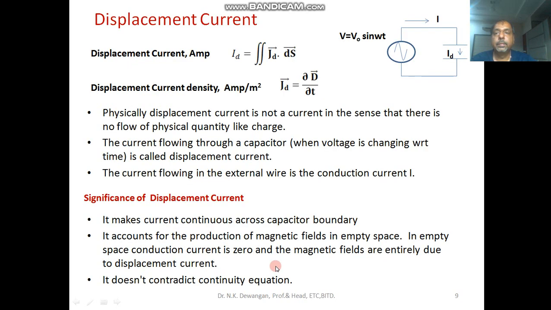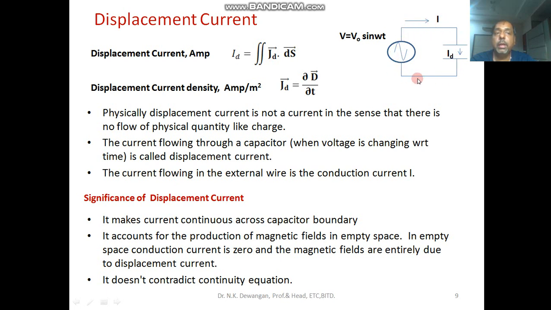Now what is displacement current? You see, we take one parallel plate capacitor, and inside the capacitor, suppose it is vacuum, this is wire, and outside a voltage V0 sin omega t is applied. Then over the wire you will get conduction current I, and you know that in vacuum conductivity is 0, so here you will not get any free electrons, so there must be current equal to 0, but we get current in the wire, so we get current in a closed loop.